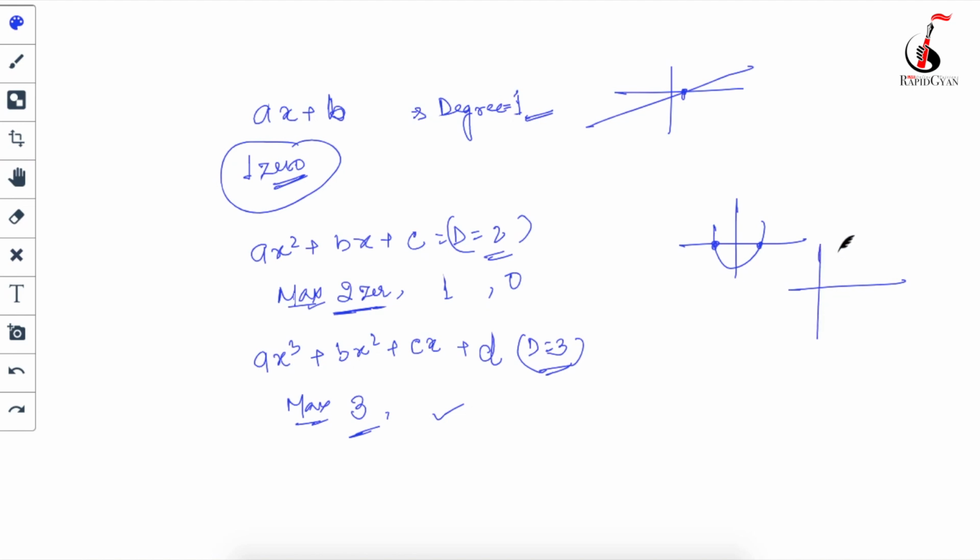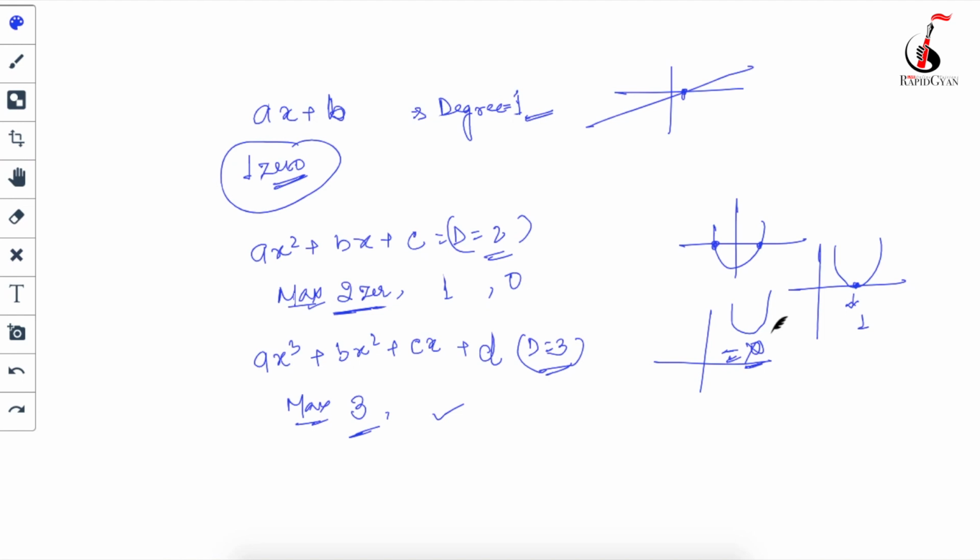Suppose the graph touches at just 1 point, then there will be only 1 zero. Now if the graph is not intersecting your x-axis, then there will be no zeros of the polynomial.